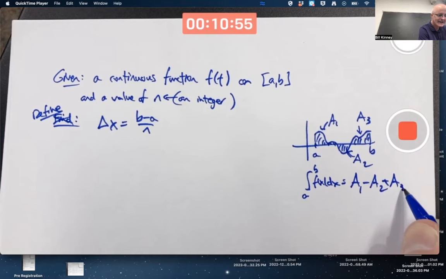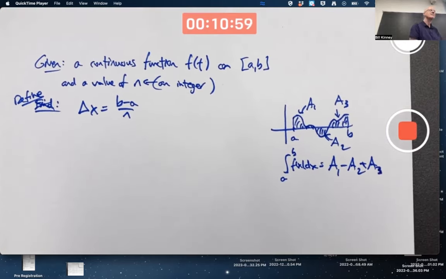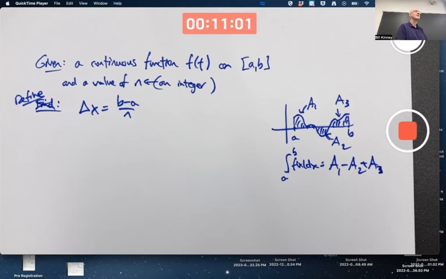If I think of those A's as being positive numbers, then I want the answer to be A1 minus A2 plus A3. A2 contributes to the integral in a negative way if I think of it as a positive number. I'm subtracting it. Kind of funny to say that's what I want the integral to equal, but that is true. I want to define the integral in such a way that that will happen.